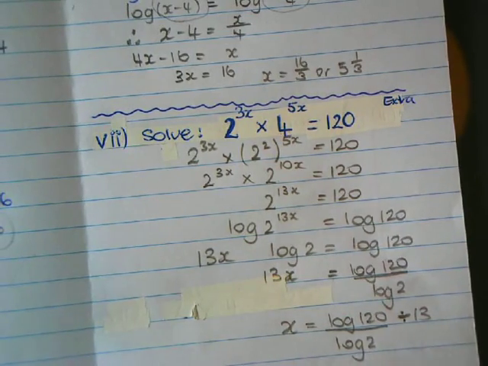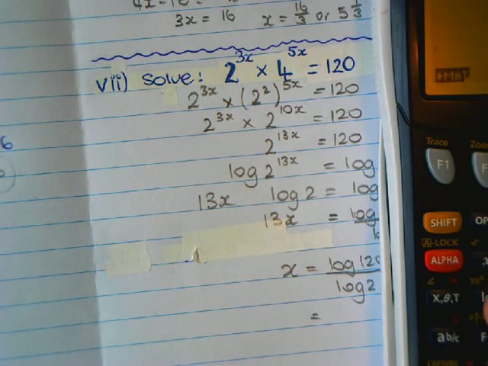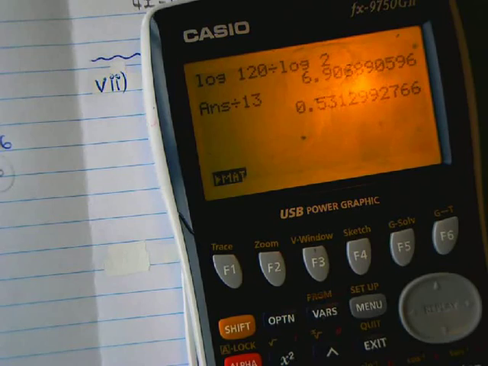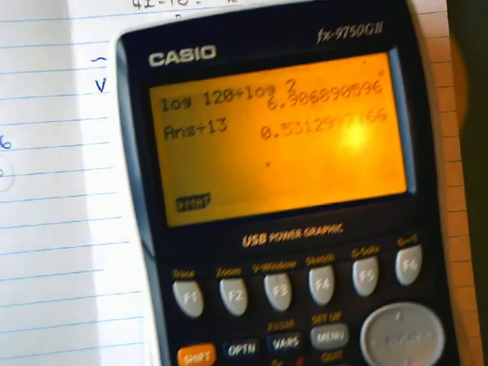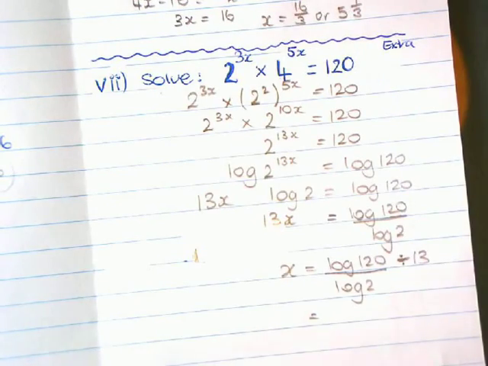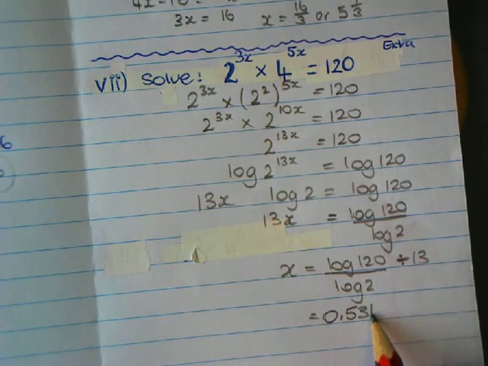So that's when we grab the calculator. Log 120 divided by log 2 equals, and then divide that by 13, and the answer is 0.513. Sorry, 0.513, that's the answer.